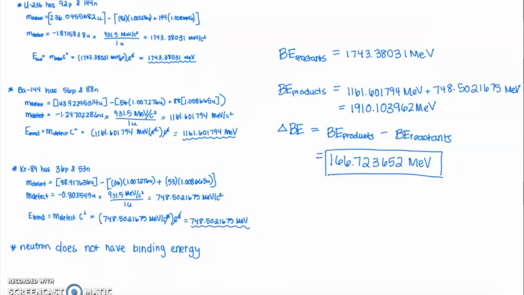And as I do that, I see that it looks like we have lost a binding energy of 166.723652 mega electron volts. That must be going to the energy released as part of this reaction.